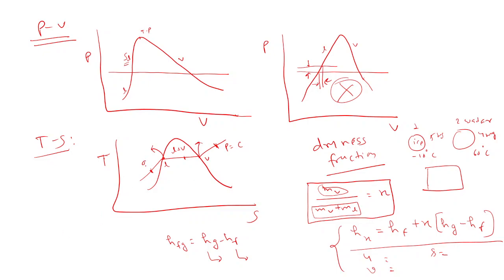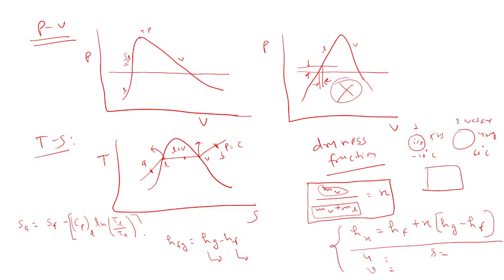We will say this is A and this is B. So what would be sA? sf minus cp of liquid times the natural log of T saturated upon TA.